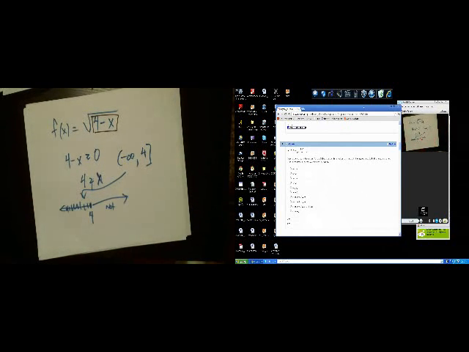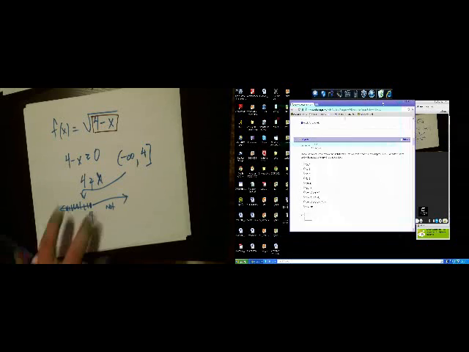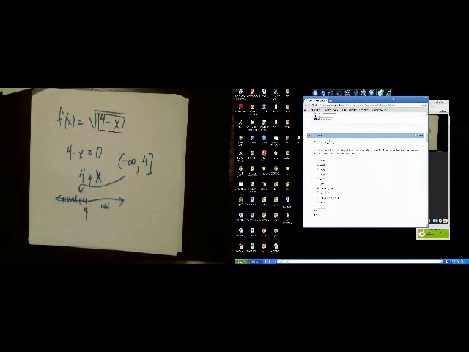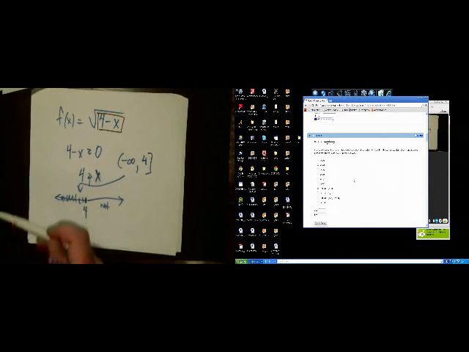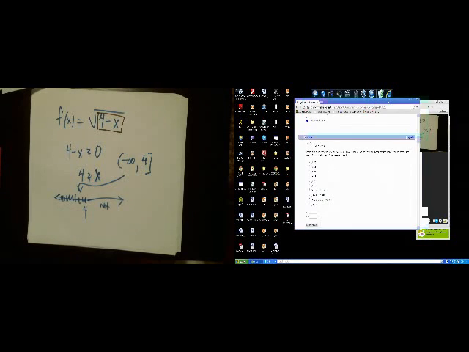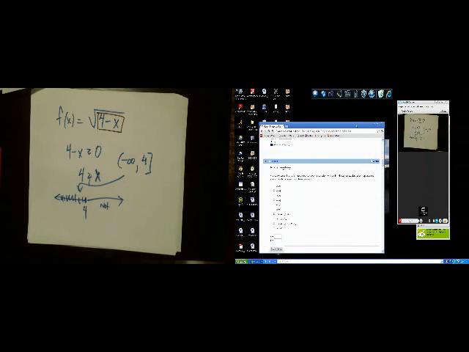Okay. I get it. I vaguely remembered what the open and closed bracket was, but I couldn't remember the rule that led up to that. So, for instance, you can't take the square root of 0 or a negative.